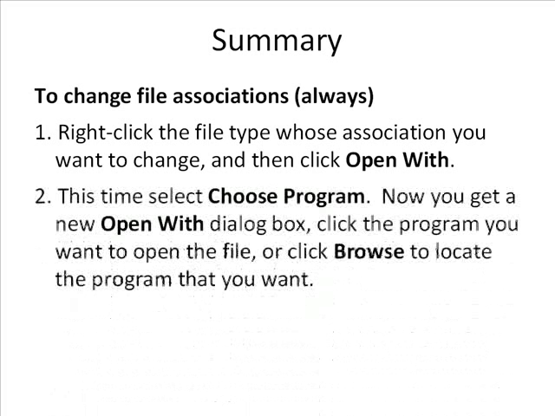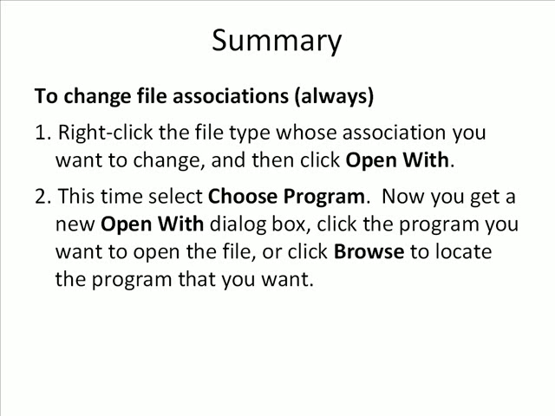When you do, you're going to get a list of programs, but if you look all the way down to the bottom, there's something called Choose Program. So I want you to click on that. Now you'll get a new dialog box. Again, it'll have a list of programs on it, so you want to select the program that you want.